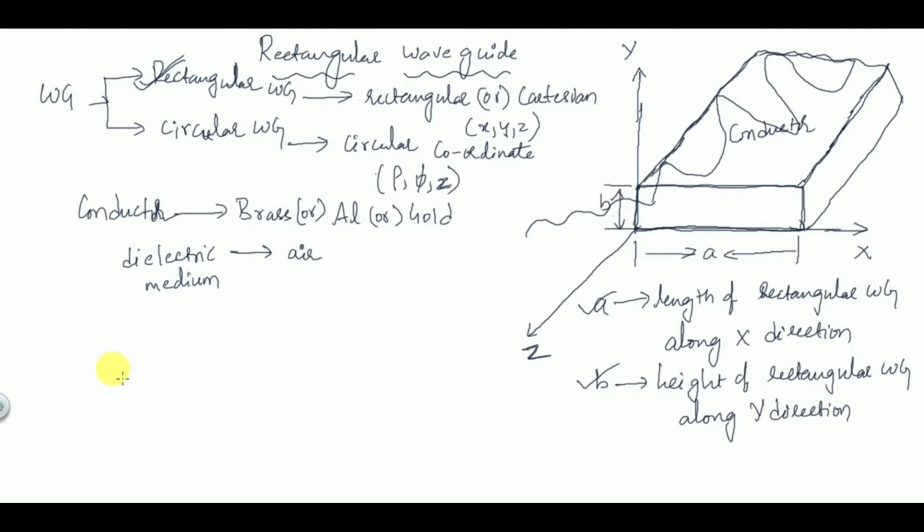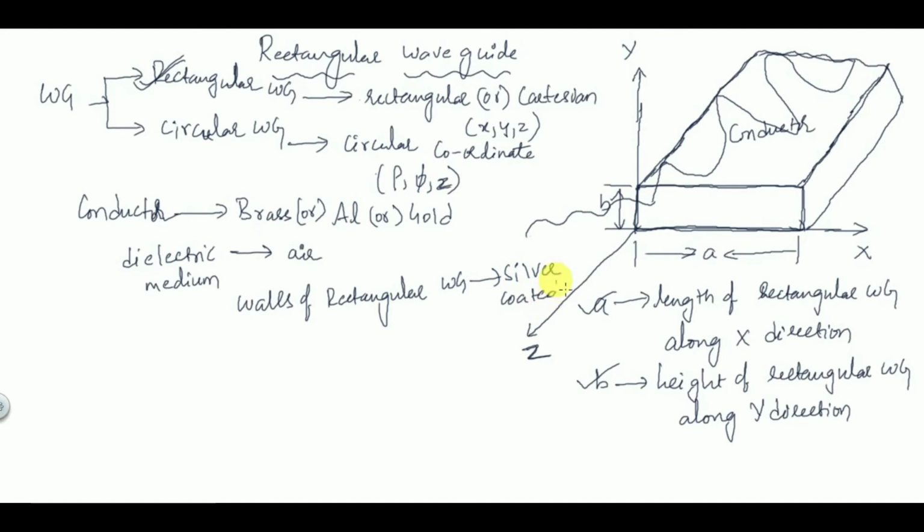These multiple reflections are efficient, that is, no losses occur, if the walls of the rectangular waveguide are silver coated.